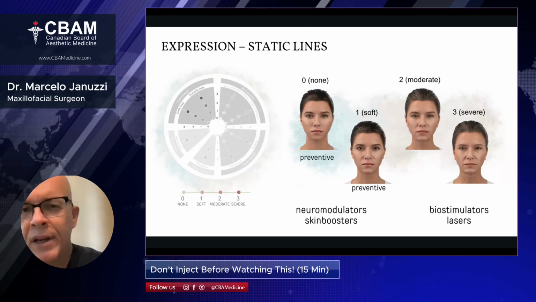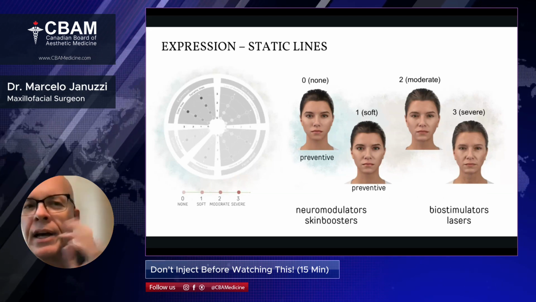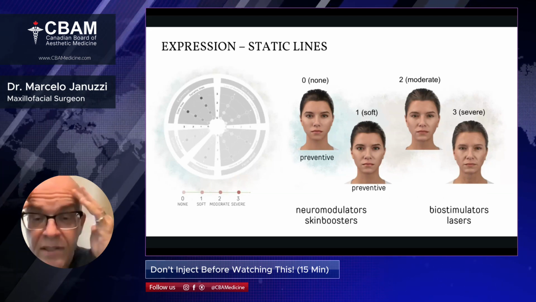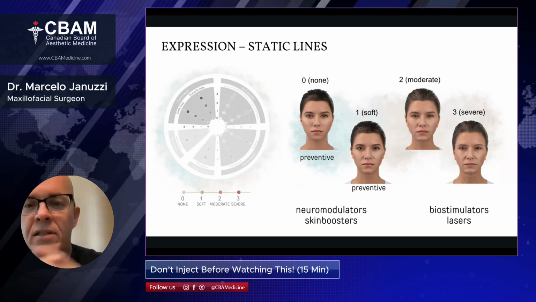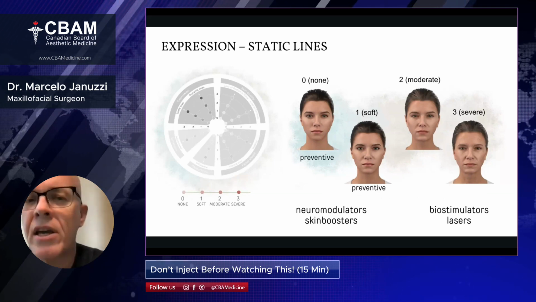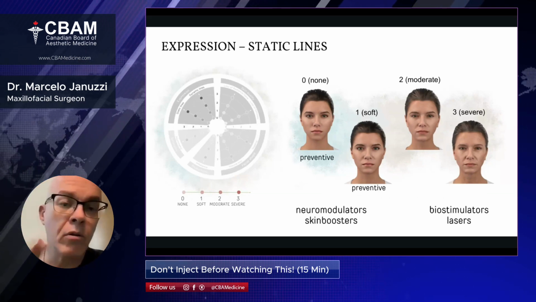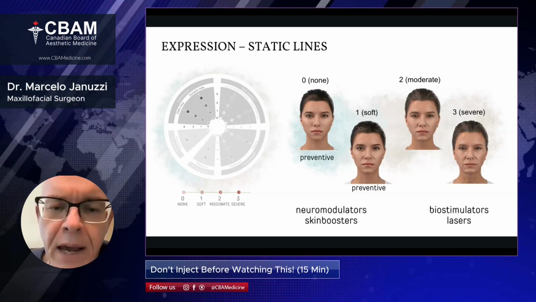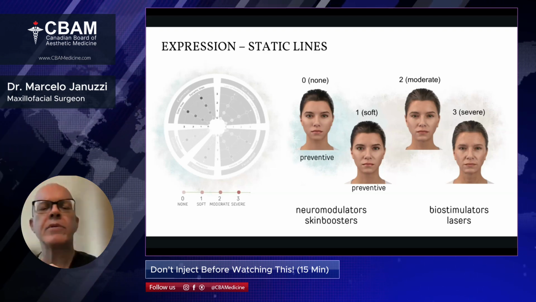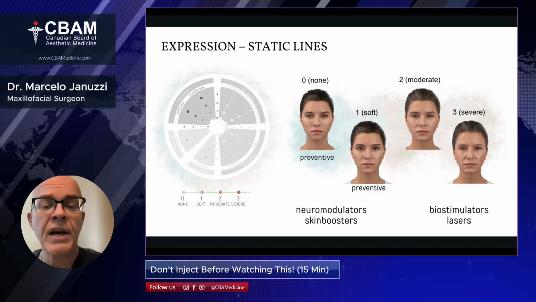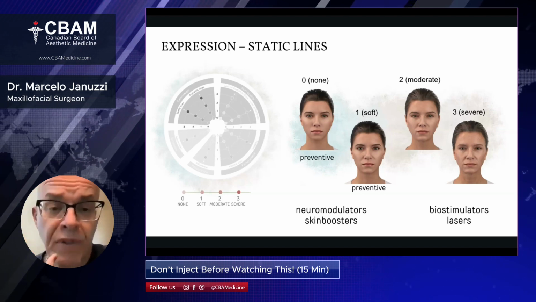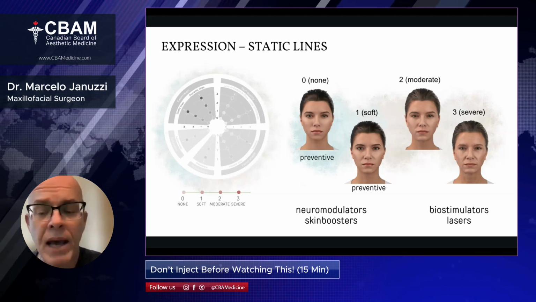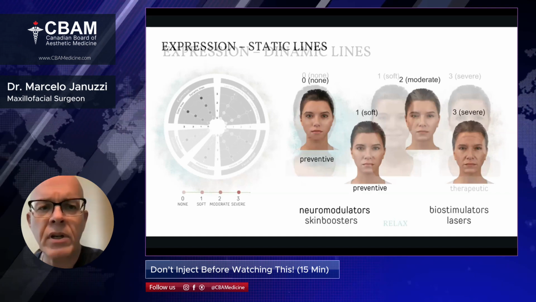We need to think about the skin quality, the collagen of the skin that we lose during the aging process. So we need to recreate this. Sometimes neuromodulators are important, are coadjuvant in the treatment plan. So we need to understand that.